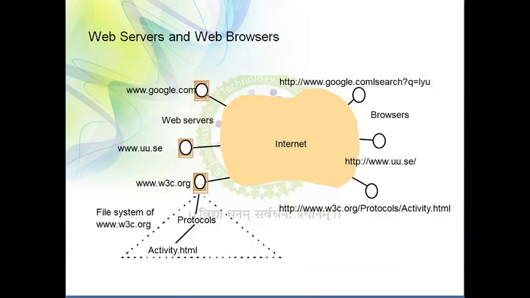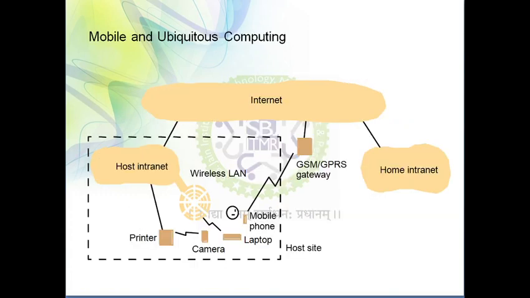Likewise, there are web servers and web browsers, which connect together through the internet. The server provides the service to the web and the browsers access it. So they require connectivity between web servers and web browsers, and they are also distributed systems through the internet.